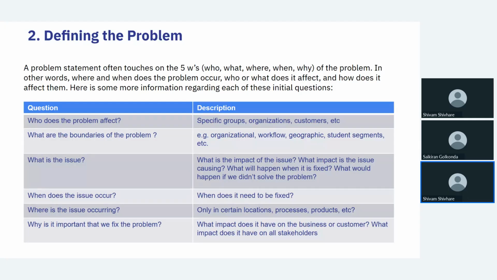So before defining a problem statement, the problem statement should touch all these 5 W's. After your empathize phase, you will be getting into the defining the problem statement phase. At that time you have to consider this and define your problem statement.